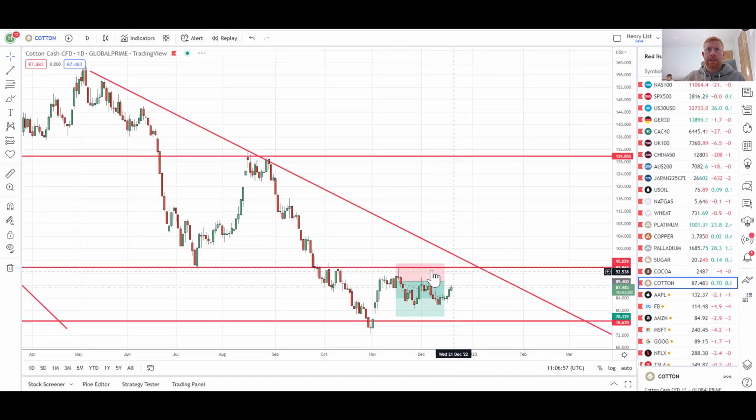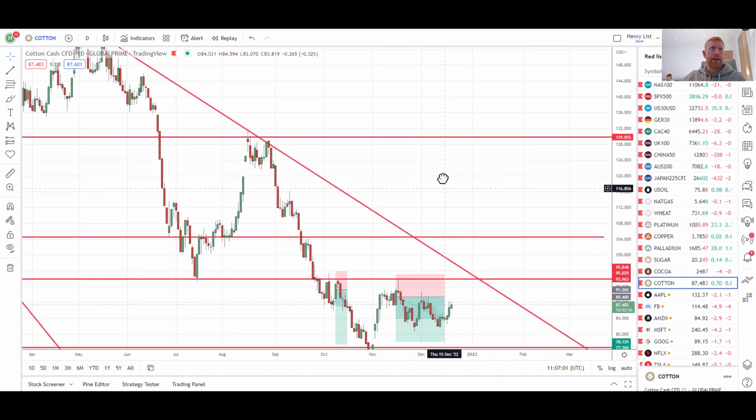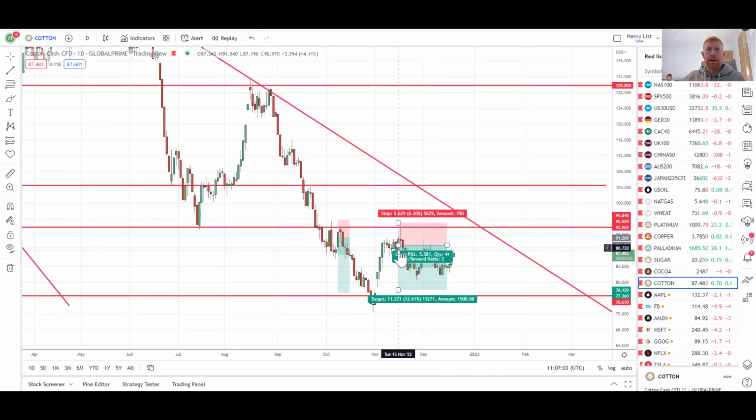And then lastly but not least, the evergreen dying cotton. We're in this trade from 17th of November. Okay, so we're in this trade a month, and it hasn't hit our stop loss, hasn't hit our take profit. It's just dying this slow death.